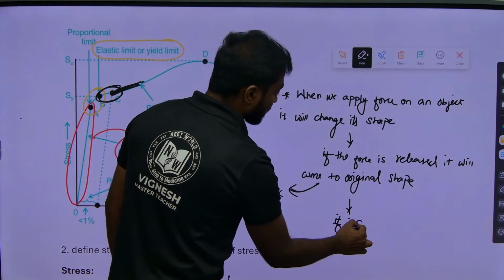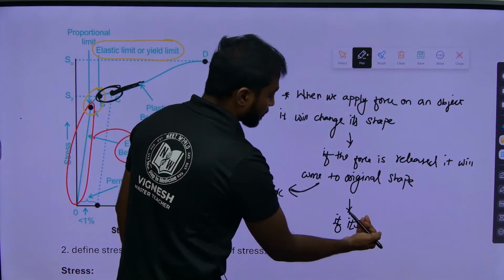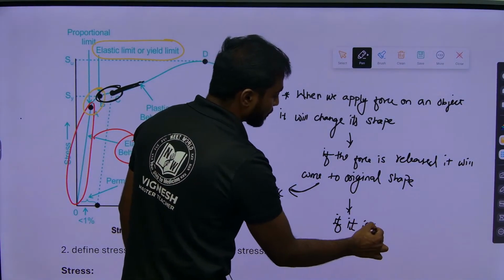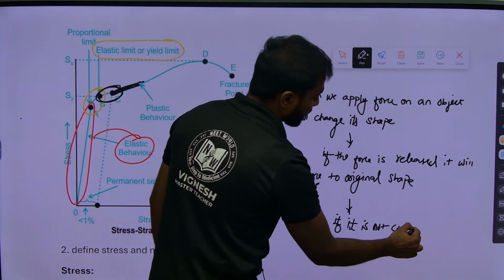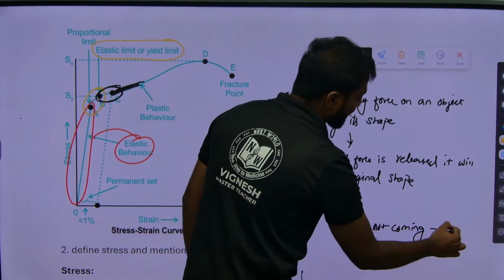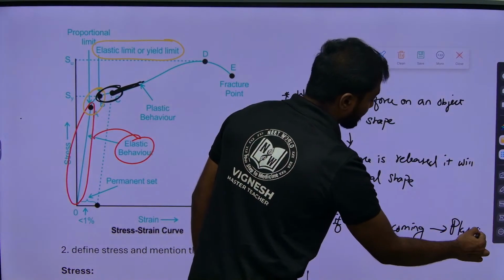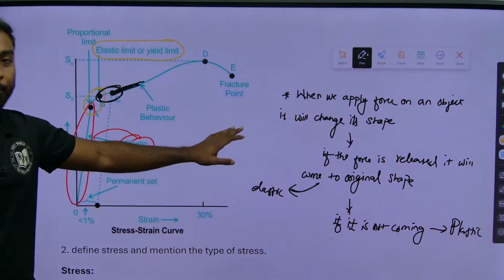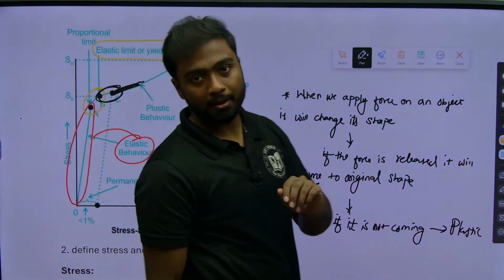If it is not coming back, it is plastic behavior. So, this is the point about the elastic behavior and plastic behavior.